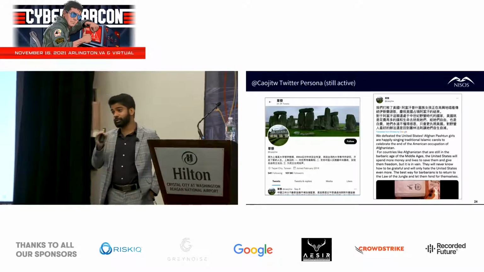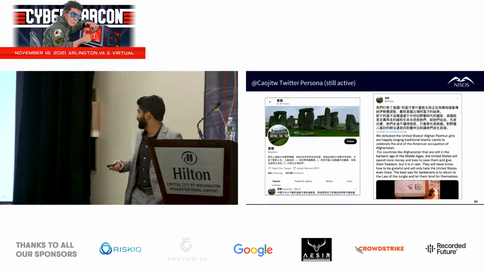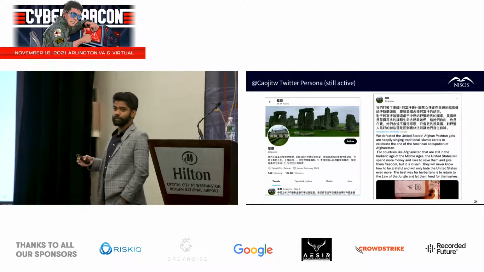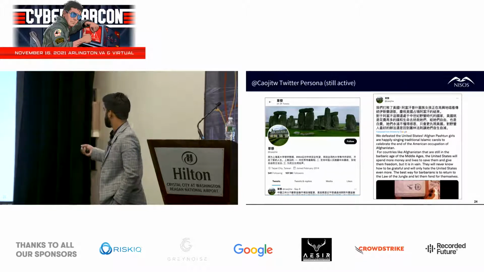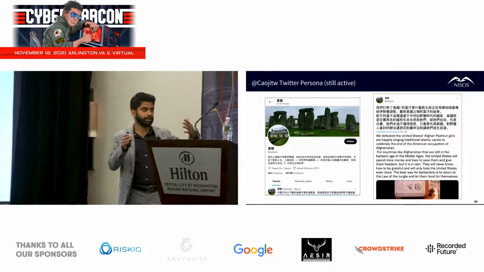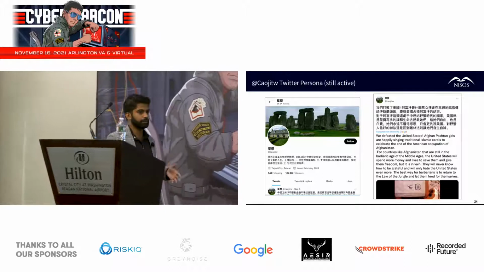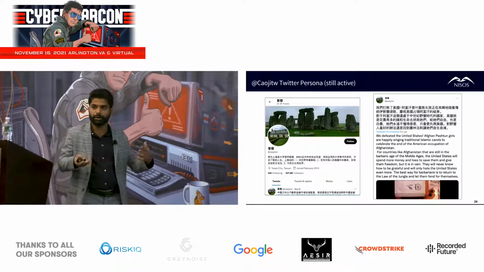Another persona, which is still active and you can go follow on Twitter right now, is this account that claims to be from Taiwan. It has quite a significant following. After the fall of Kabul, it tweeted about how the US is weak and got defeated by the Taliban, and follows the same anti-US narrative.